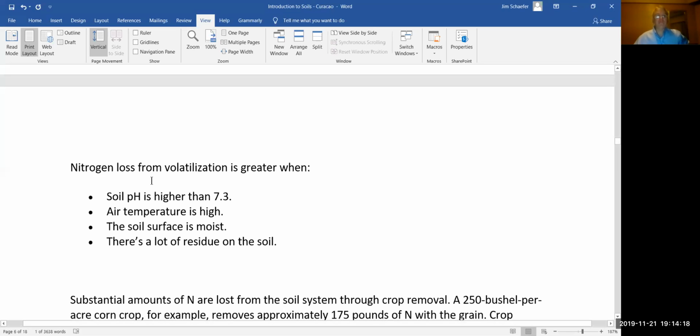Nitrogen loss from volatilization is greater when soil pH is higher than 7.3, and when air temperatures are high, which will be common on your island. You're going to have a lot of high temperatures, which increases the probability of evaporation at the soil surface.